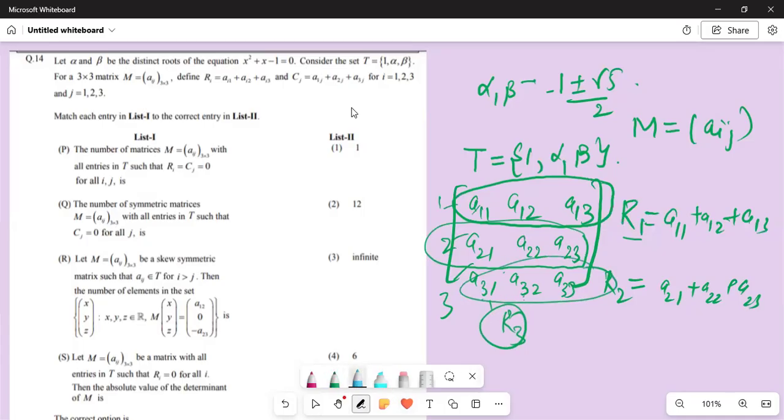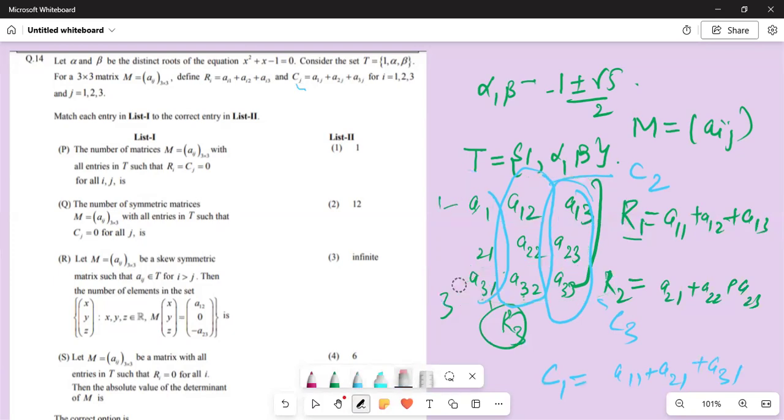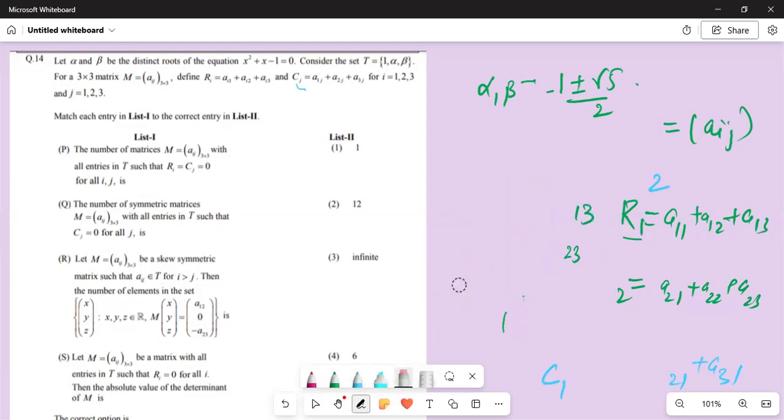And they have defined Cj as the sum of the elements present in the first column is C1, in the second column is C2, and for the third column it's C3. So C1, for example, is A11 plus A21 plus A31 because all these elements are present in the first column, just the rows are varying. So this is what they have defined in the question.